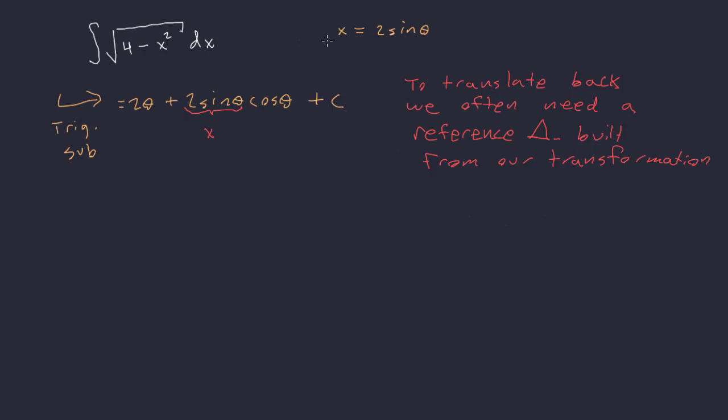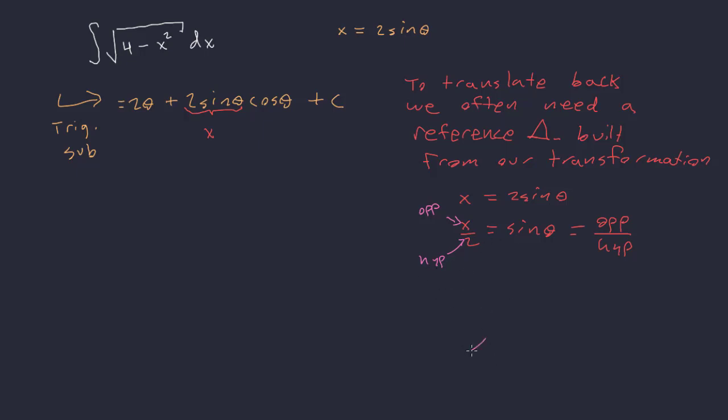Well, if we have that x is equal to 2 sine theta, if I move this 2 over and get that x over 2 is equal to sine theta, well, remember, sine is on a right triangle, opposite over hypotenuse. So in a similar fashion that we did before, that's going to make our x the side opposite and our 2 the hypotenuse on our reference triangle.